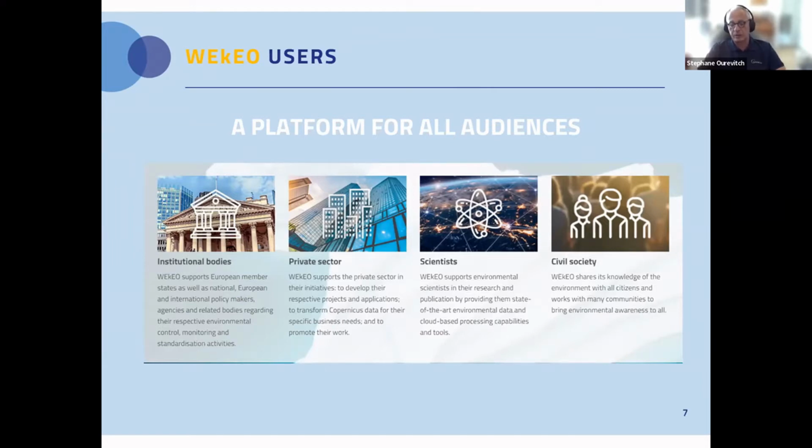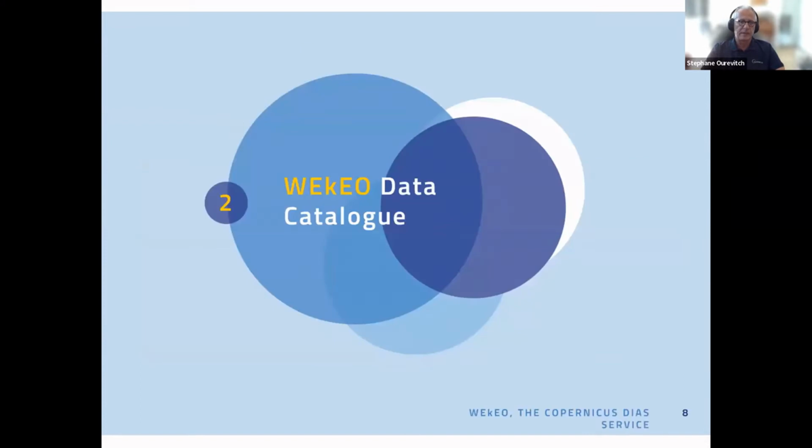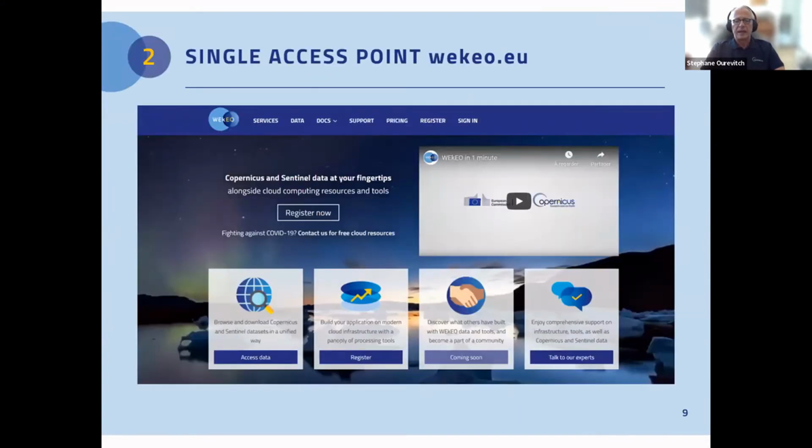being delivered either to the Copernicus services or just by businesses that have clients, customers to which they deliver a service, and also quite a large user base with scientists in academia or in research centers. The data catalog.